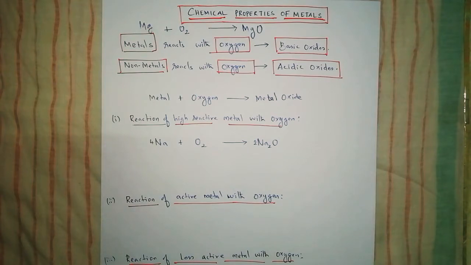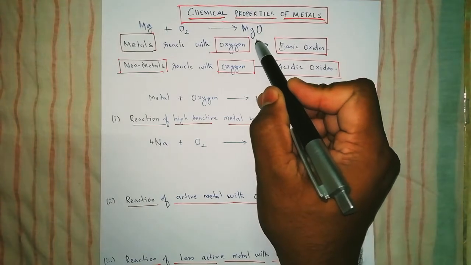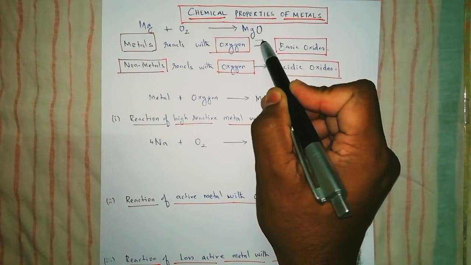So what we do, we take a magnesium ribbon and rub it with a sandpaper to make it shine, hold it with the holder, and then start heating it in a burner. What happened? That magnesium ribbon gives a dazzling light, a bright dazzling light, and after it burns completely, it gives the ash of magnesium oxide.